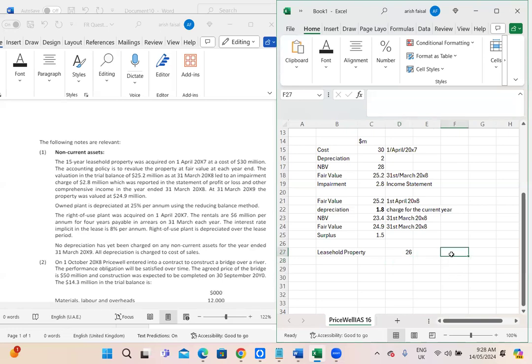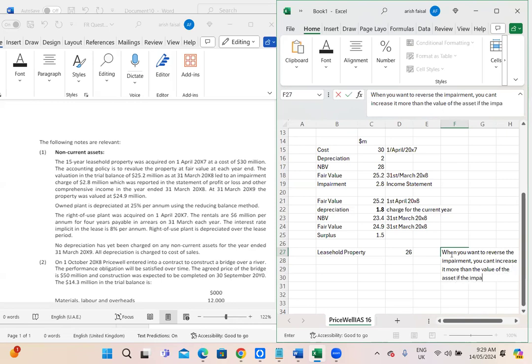So the rule is, when you want to reverse the impairment, you cannot increase it more than the value of the asset if the impairment would have not been charged in the first place.